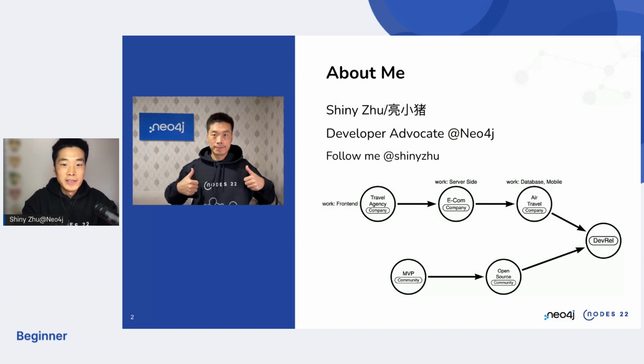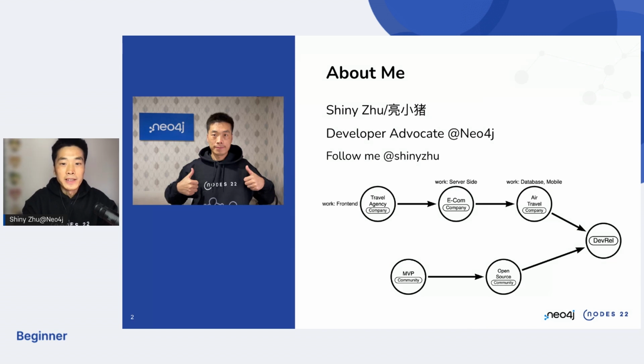And below is a graph about my career. I started my developer career at a travel agency, and I was a developer who built the front end website for them.